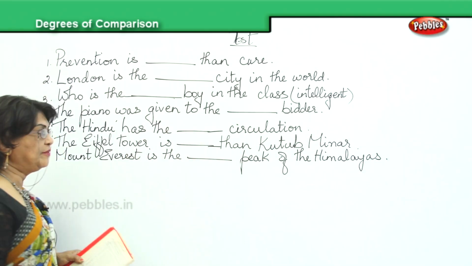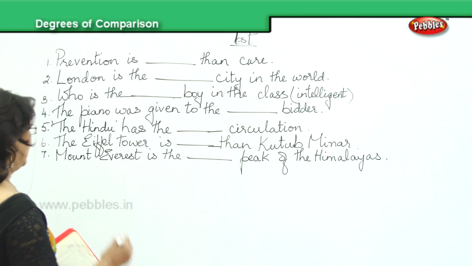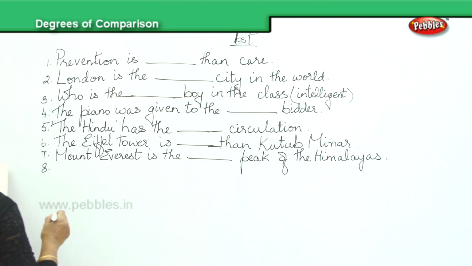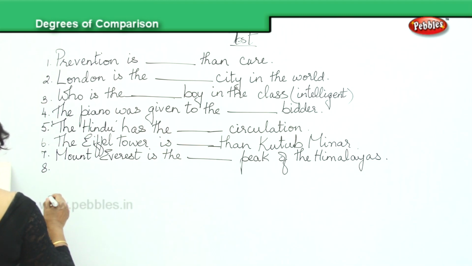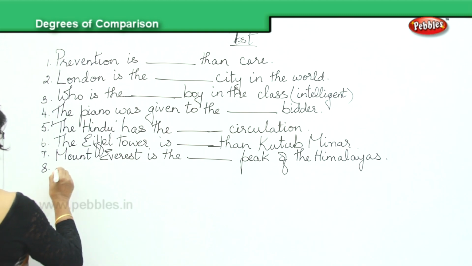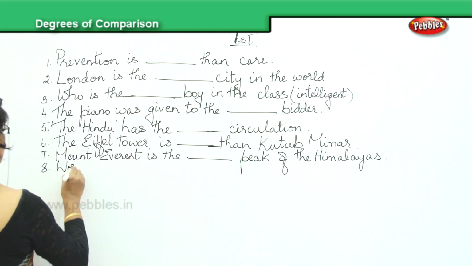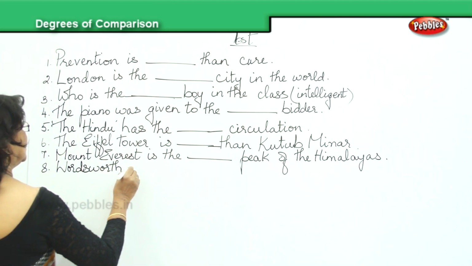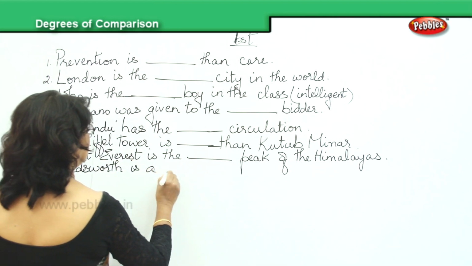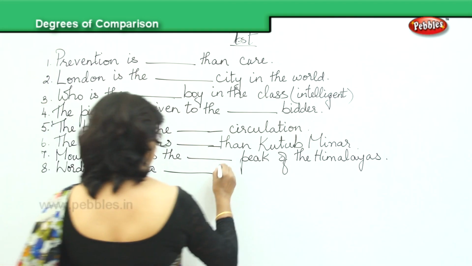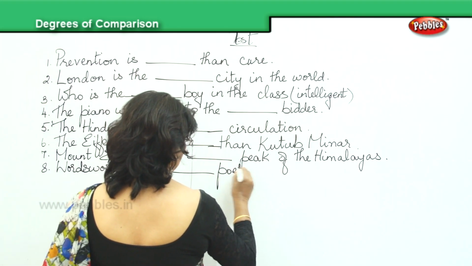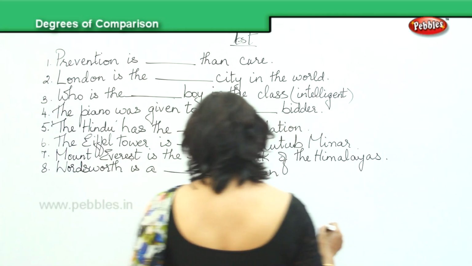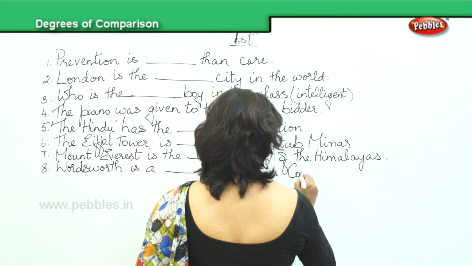I'm sorry, Mount Everest is the dash peak of the Himalayas. Next one. Wordsworth is a dash poet than Cowper.